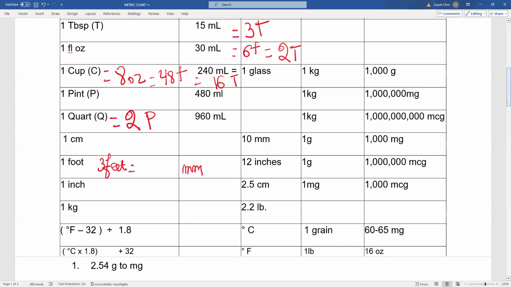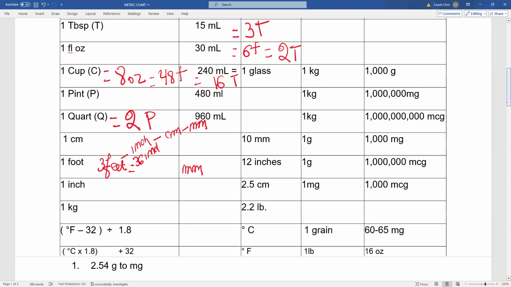So I'm going to go like this: feet to inch, from there to centimeter, and from there to millimeter. This is how you can do that. So if you know 1 foot equals 12 inches, then 3 of them gives you 3 times 12, which is 36 inches.